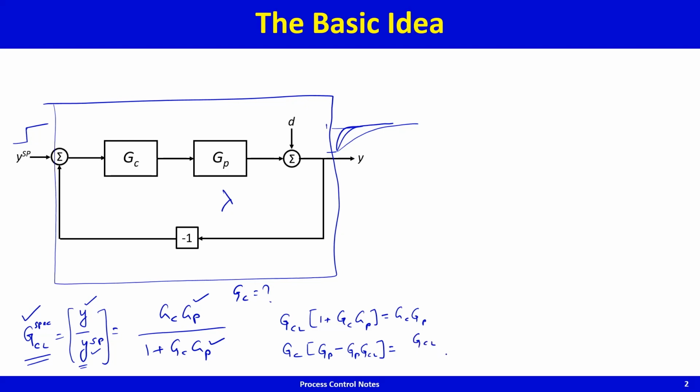and this implies that GC should be G closed loop, which has been specified by the user, times 1 by GP, times 1 minus G closed loop, which has been specified by the user.